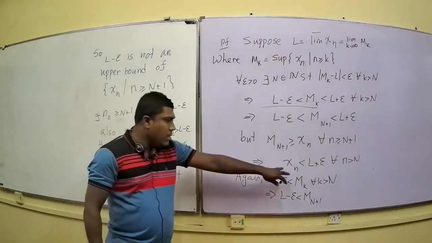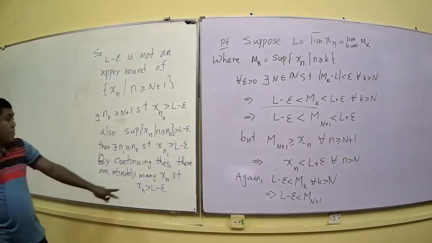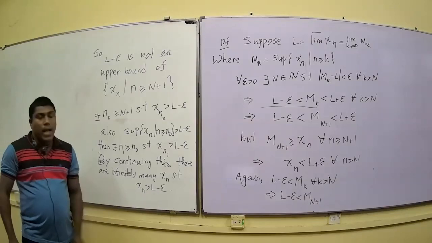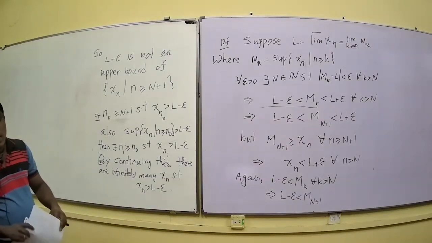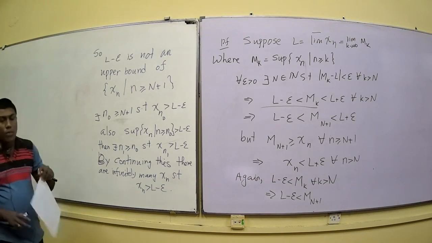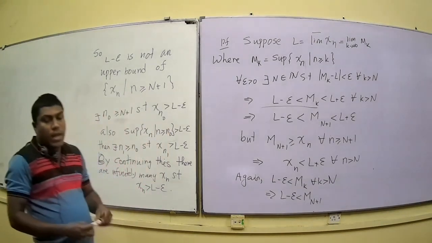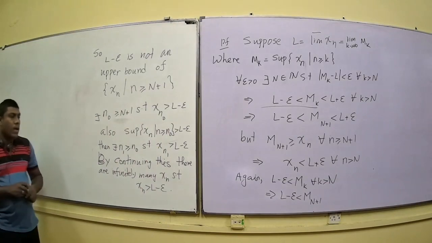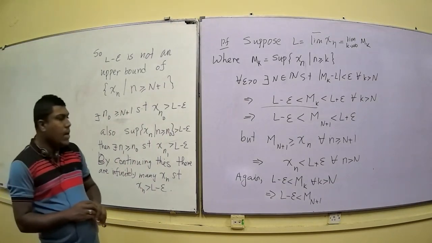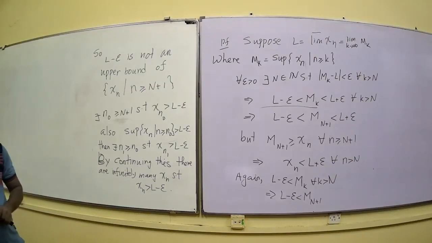So the first part is that xn is less than L plus epsilon for all n bigger than N. At the same time, there are infinitely many xn such that xn is bigger than L minus epsilon. So one part of the theorem we proved: if capital L is the lim sup, then every element is less than lim sup plus epsilon, and there are infinitely many elements bigger than lim sup minus epsilon.